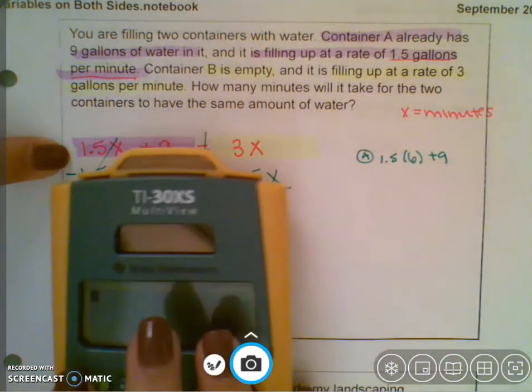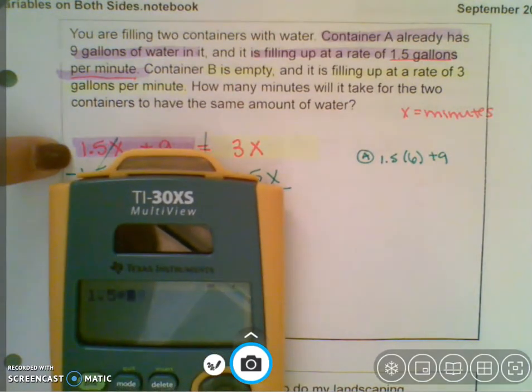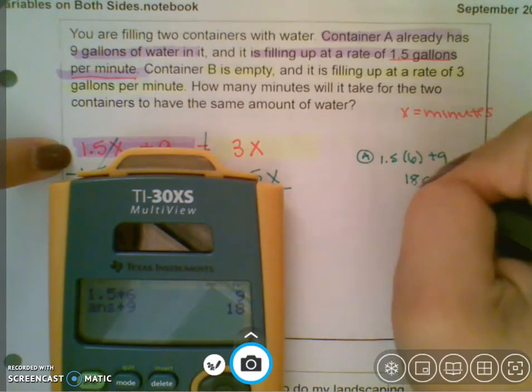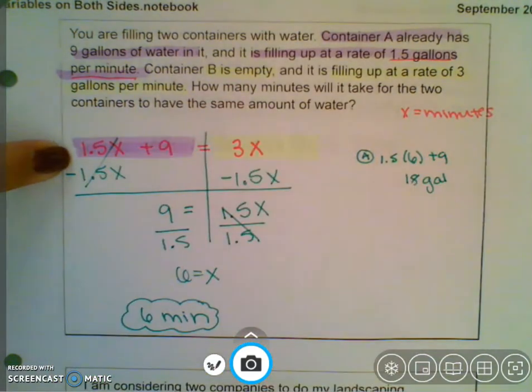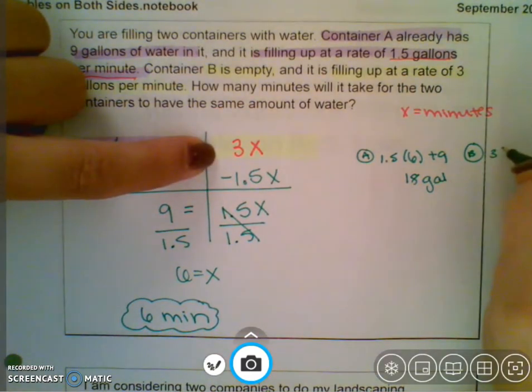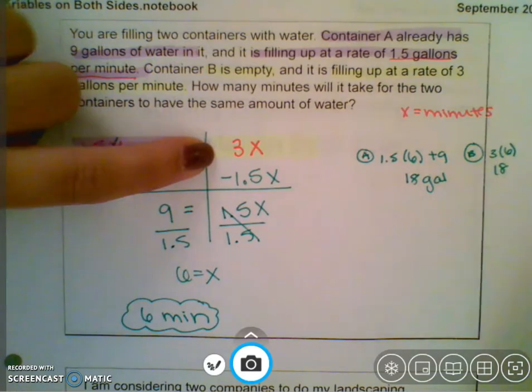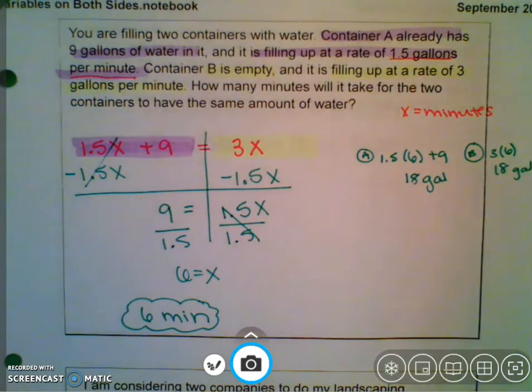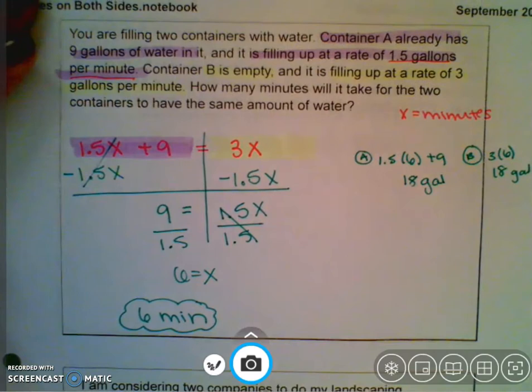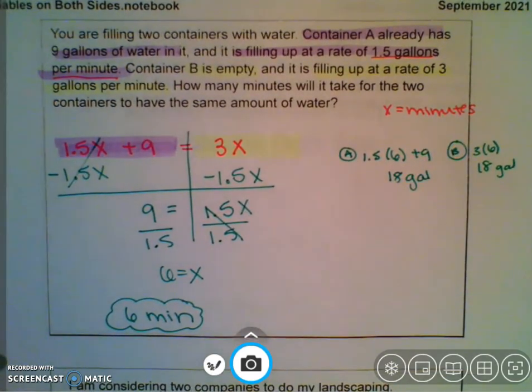So 1.5 times 6, then add 9 is 18 gallons. So at 6 minutes, there's 18 gallons for A. B is 3 times 6, which is also 18 gallons. Then we know we're correct. At 6 minutes, they're both the same amount of water.